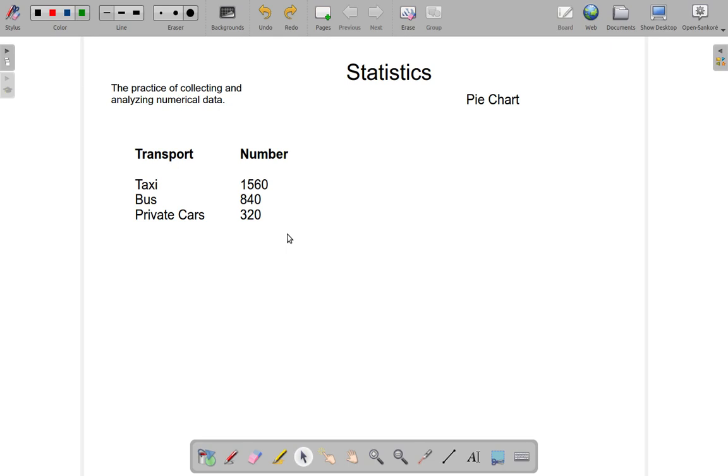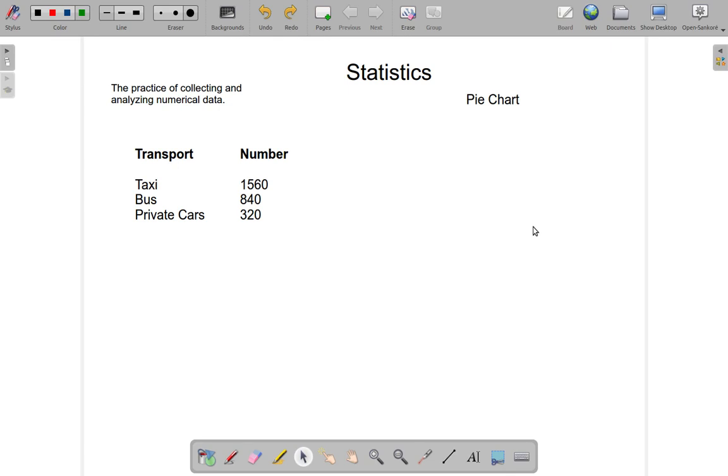Now, we're going to look at another chart which we call the pie chart. It's popularly called the pie chart. Now, as for the pie chart, it's really a chart that displays proportions of a whole collection as sector angles of a circle.